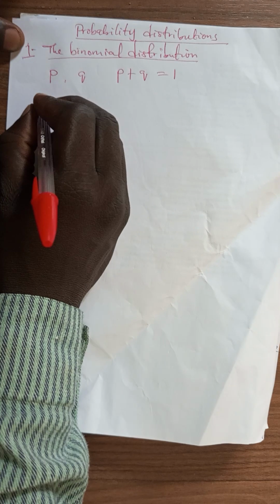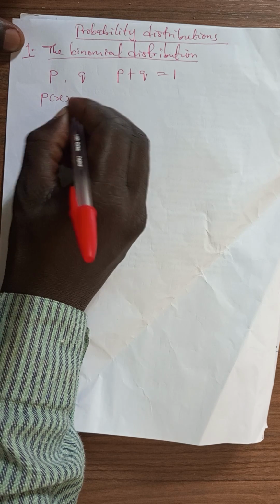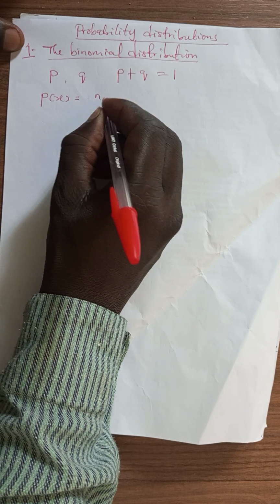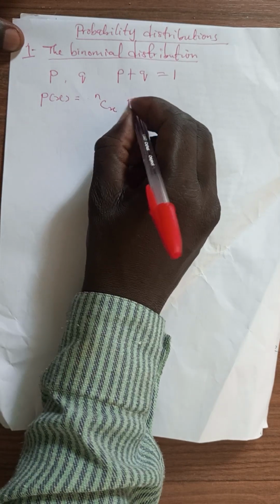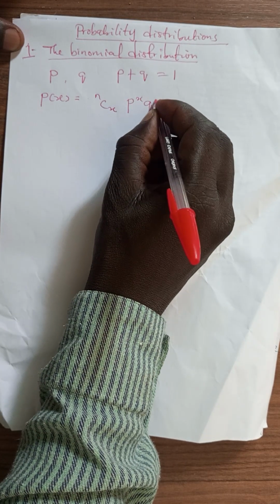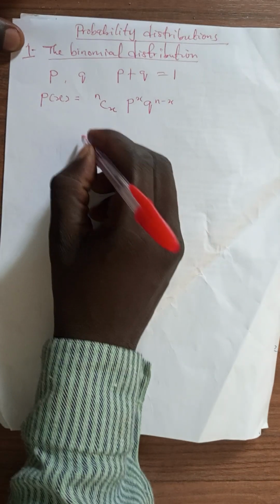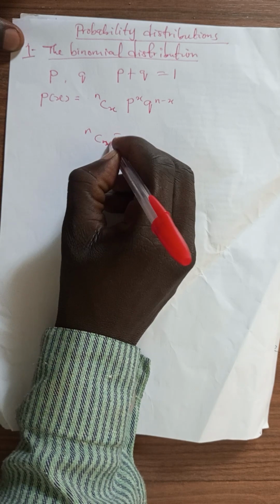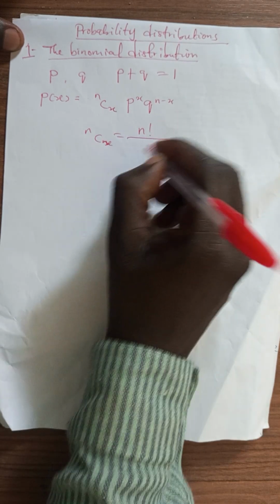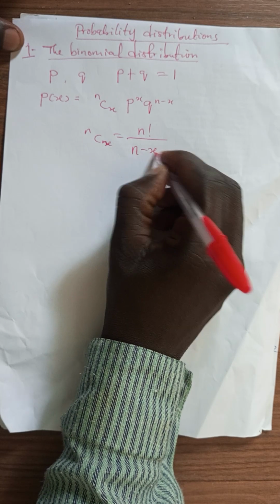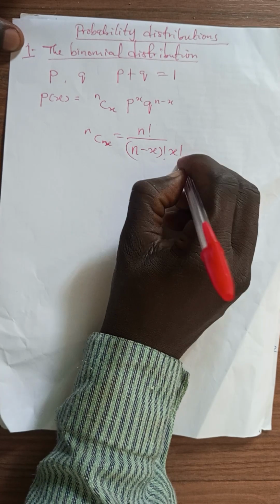And the probability that an event occurs exactly X times in N independent trials is given by the probability distribution P of X is equal to N combination X, P raised to the power of X, Q raised to the power of N minus X, where N combination X is equal to N factorial over N minus X factorial times X factorial.